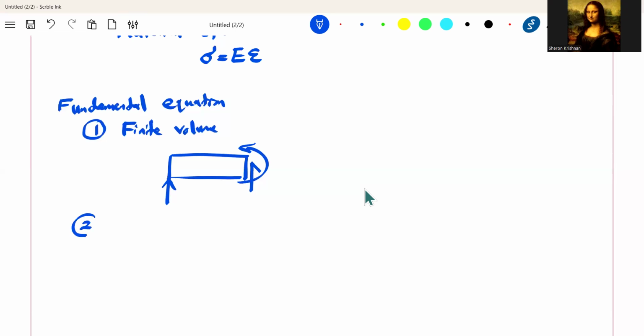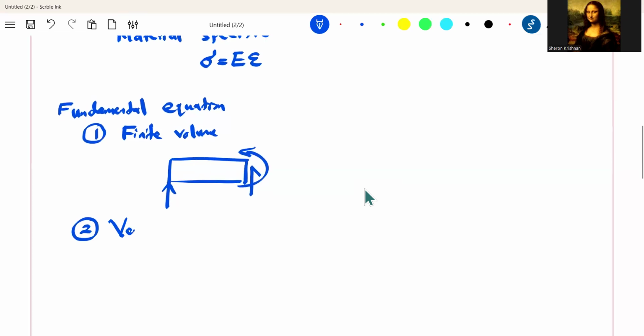The second one, we use a differential approach. That means the field approach. It's called the field approach, right? In this case, we consider a very small volume. We call this an infinitesimal volume.